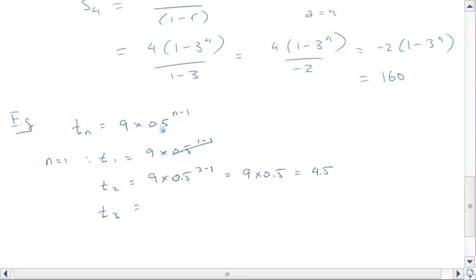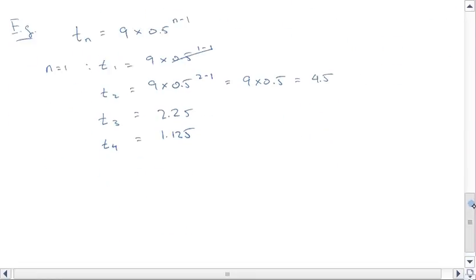Each time it's just going to be multiplied by 0.5 again. So 4.5 times 0.5 would be 2.25. You could also plug it into the equation and work it out, but we don't actually need to every time. T4 would be 1.125, etc., etc.